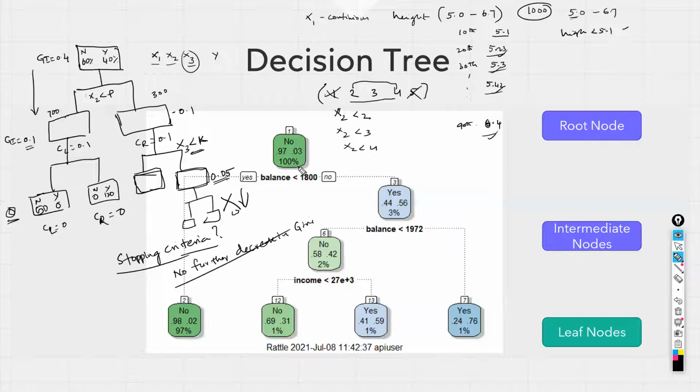See here, what happened in our tree. We started with 97% and 3%. That's already way too high. 97% of the observations belong to no class and 3% of the observations belong to S class. Generally, we won't use this type of data. This type of data is called highly imbalanced. We will start with something like 60, 40, or 70, 30.